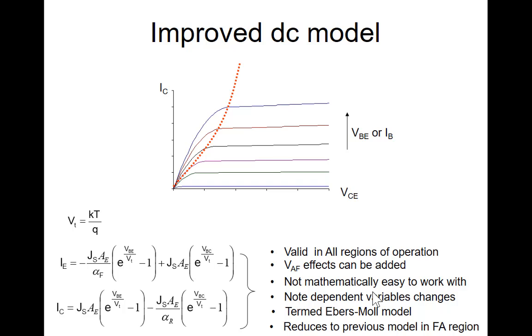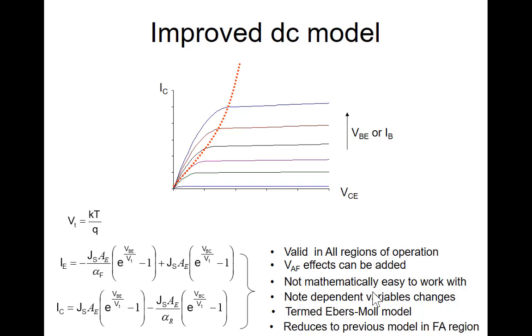Now, if you're in the forward active region, we're going to see that VBC is reverse biased. That was our assumption. VBC is typically much less than the thermal voltage, so this is 1 over e to some large power. So this is orders of magnitude less than 1. So in the forward active region, this term is negligible.